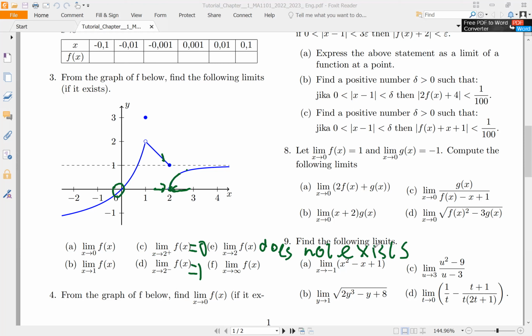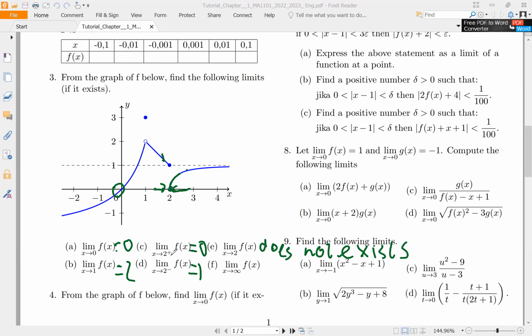Okay, so here you'll see that at 0, the limit is 0. And then at 1 the limit is 2. However, f(1) is not 2, f(1) is 3. And then the right-hand limit at 2 is 0. The left-hand limit at 2 is 1. The limit at 2 does not exist because the left-hand limit and the right-hand limit are different.